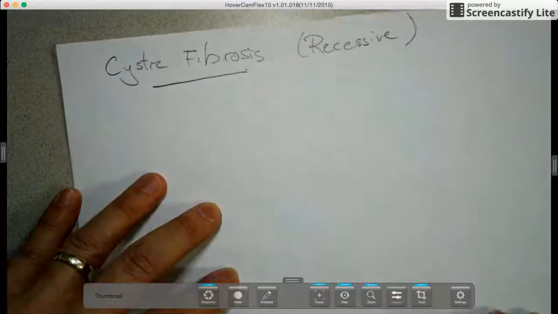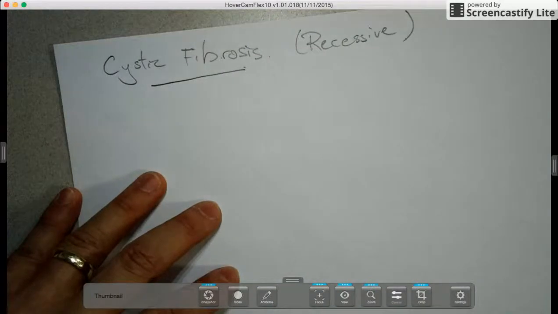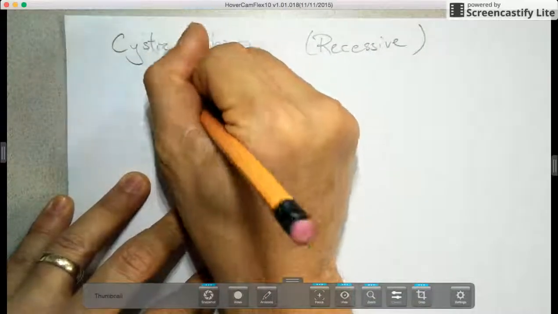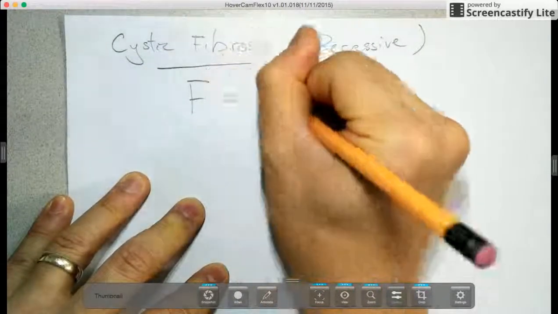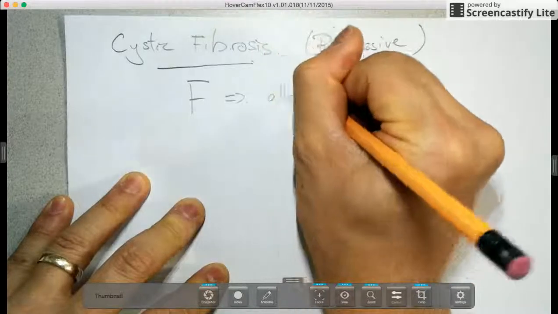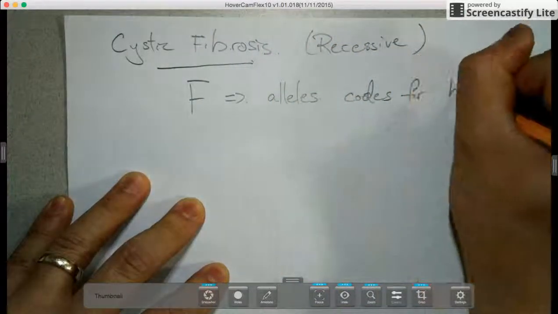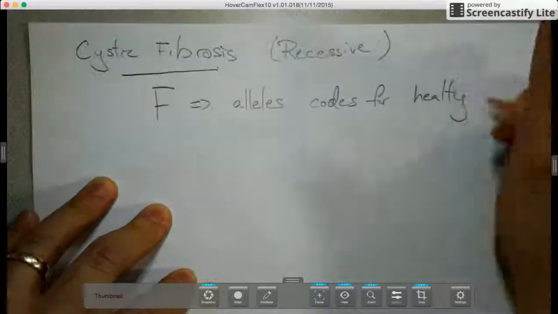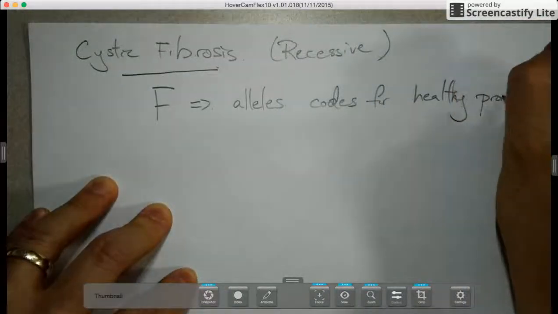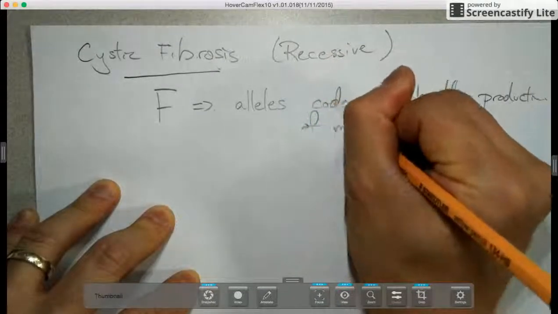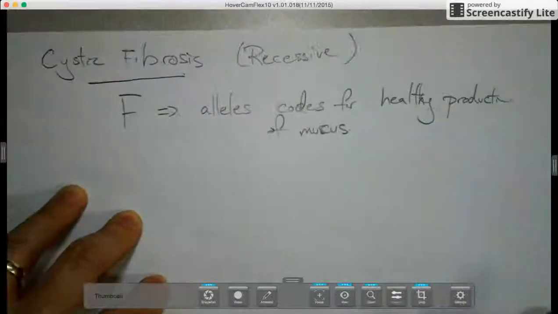Now, the textbook as well as the IB notation that they expect you to know is this. A capital F stands for the allele that codes for healthy production of mucus, so you don't have cystic fibrosis.